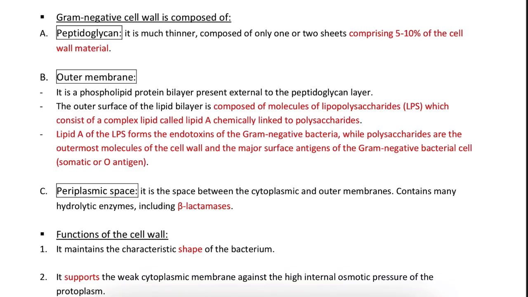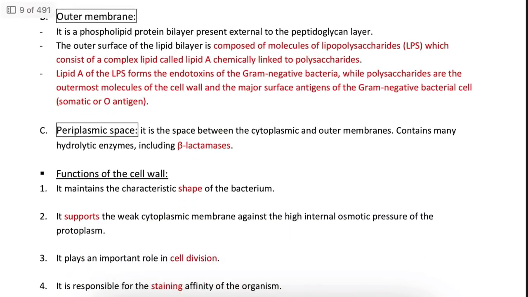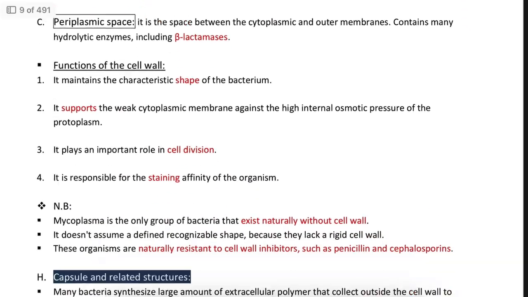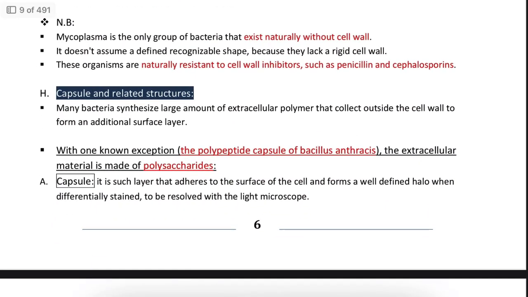Okay. In special cases, no cell wall. In special cases, we can say mycoplasma. In mycoplasma, there is no cell wall, only a cell membrane with sterols. It appears pleomorphic with no fixed shape and is resistant to cell wall inhibitors like penicillin and cephalosporins.